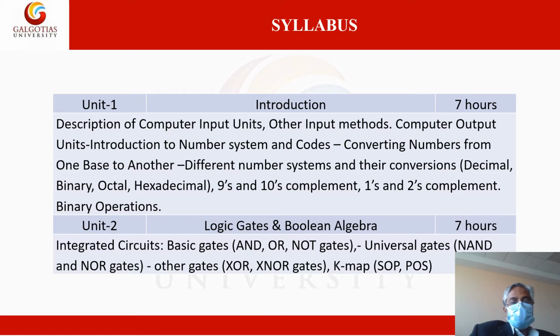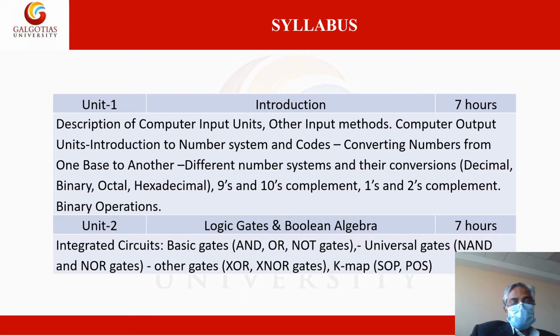In this unit, you will learn about computer input units, output units, and the number system: decimal, binary, octal, hexadecimal, and converting from one number system to another. Then you will also know about complements of a number, nines and tens complement, 1's and 2's complement, and also some binary operations.